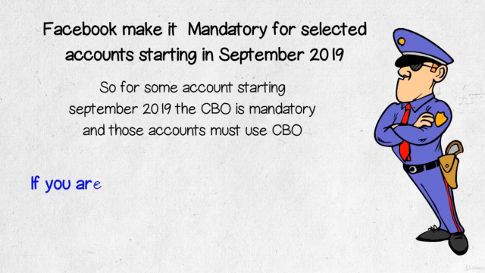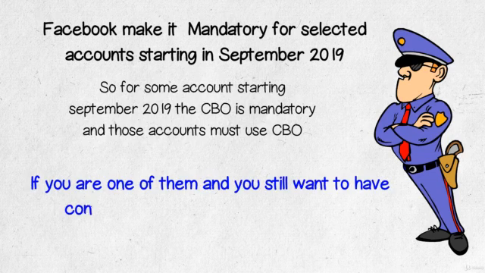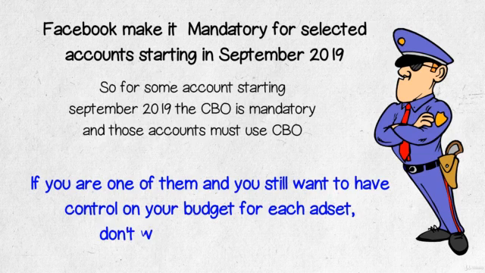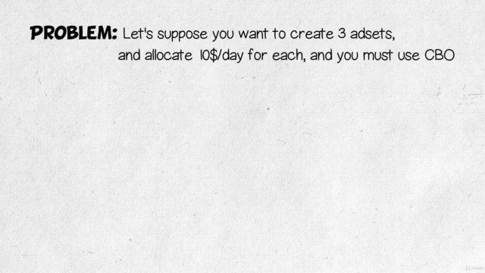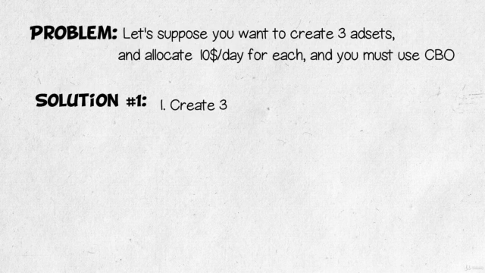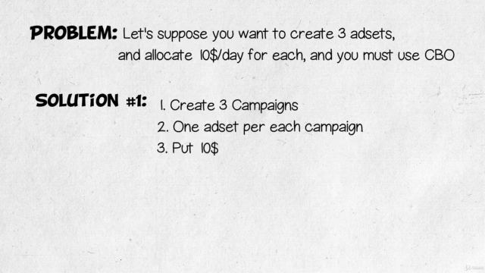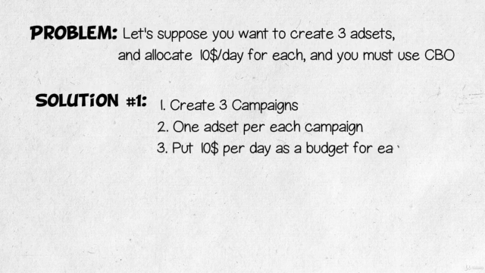If you are one of them and you still want to have control on your budget for each ad set, don't worry, I have two solutions. Let's suppose you want to create 3 ad sets and allocate $10 per day for each one, and you must choose CBO. My first solution consists of creating 3 campaigns, 1 ad set for each campaign, and put $10 as a budget for each campaign.